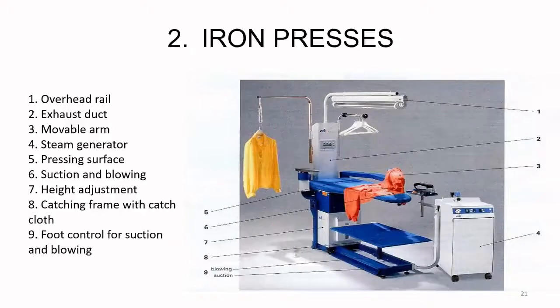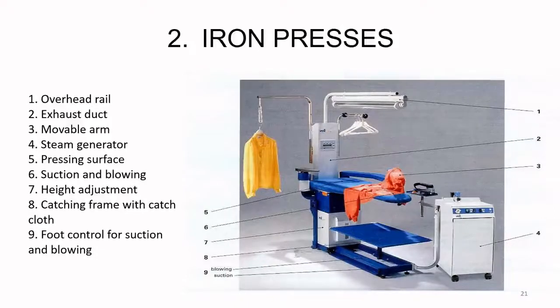Now here two things are happening. On the pressing surface, you can either apply suction or blowing. The point that you see as 6 is where the suction or the blowing is done. Suction is where you use vacuum to remove the steam and the air, and cool and dry the garment immediately.